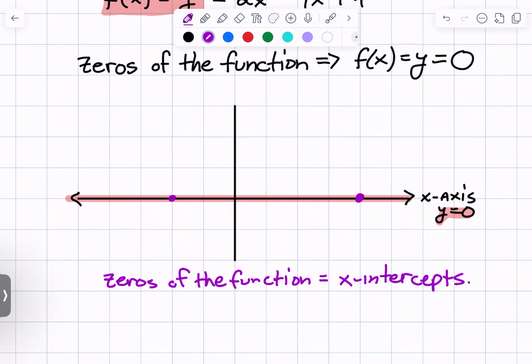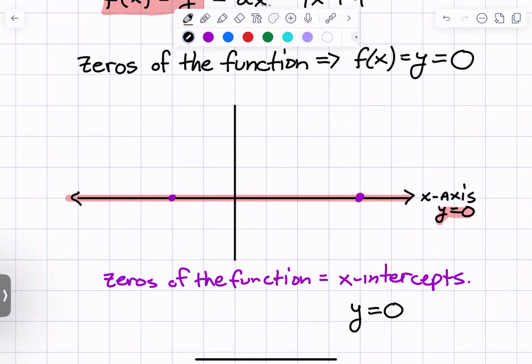And in previous classes, we found the x-intercepts by setting y equal to 0. So we're essentially just finding our x-intercepts when we're looking for our zeros of the function. We just call it something different. So if you think about it like that, then finding the zeros of the function are pretty simple, right?